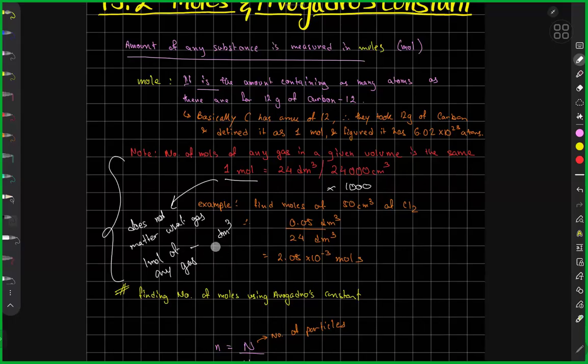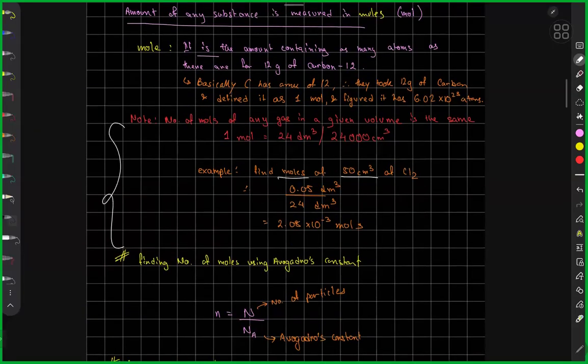So those atoms for any gas will always occupy 24 dm cube. If that's clear, if I give you an example, find the moles of 50 cm cube of chlorine gas. How will you find it out?